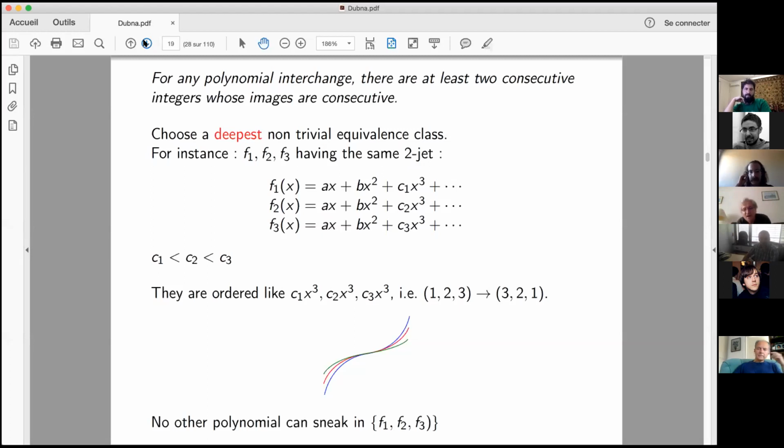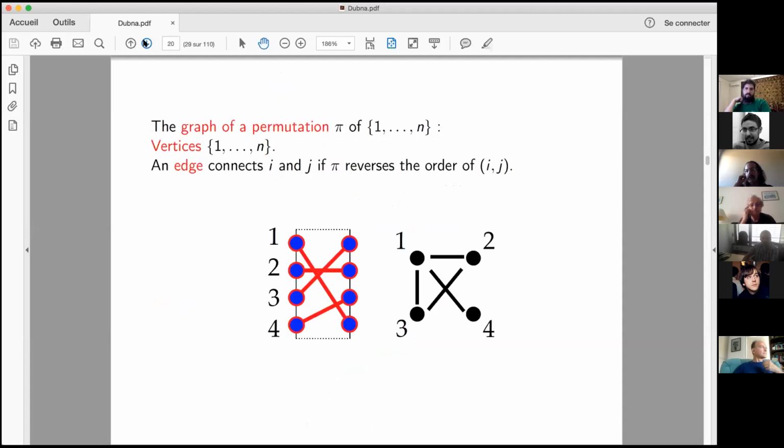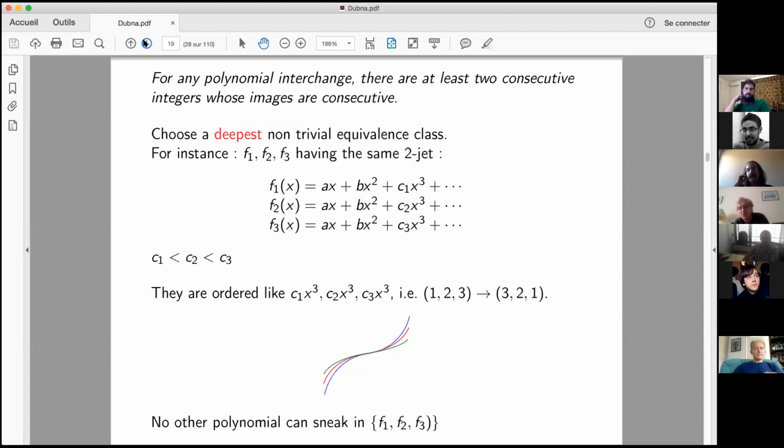If you had another polynomial going in between these 3, green, red, and blue, then they would be deeper in the tree. So if you look at the deepest part of the tree, you find 3 or 5 or 6 elements, whatever. You get some polynomials whose order is exactly like x cubed or x^4, depending on the parity of the exponents.